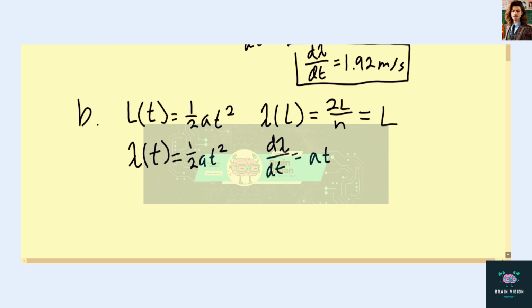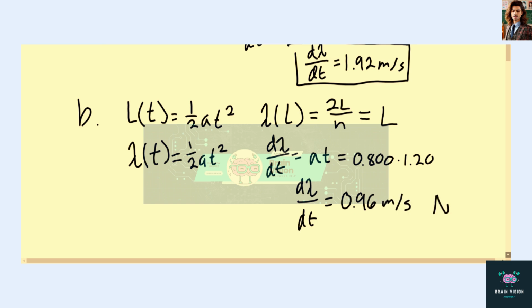And A and T are still equal to 0.8 and 1.2. If you evaluate that, you'll get that for the second harmonic, d lambda dt is equal instead to 0.96 meters per second. And so our answer is very clearly no, they are not the same.